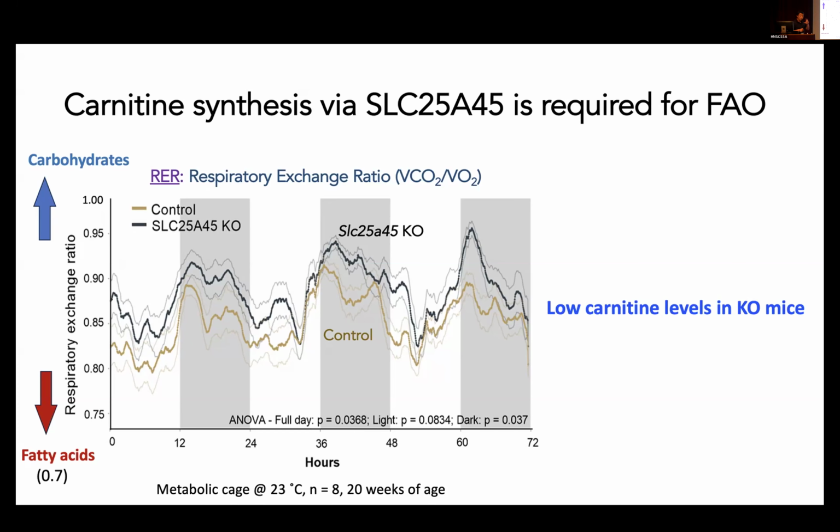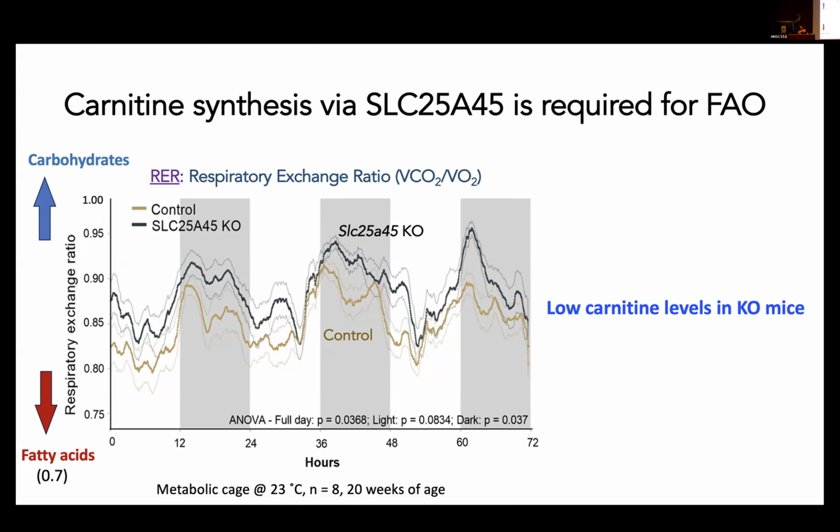For example, if the body primarily uses glucose or carbohydrate, then you consume one molecule of oxygen and release one molecule of CO2, right? So that was the stoichiometry: the ratio of VCO2 per VO2 is 1. So if you calculate RER, if the body uses strictly carbohydrate, this becomes 1. If the body uses fatty acid, this value goes down, because they consume more oxygen relative to the CO2 released, to about 0.7.